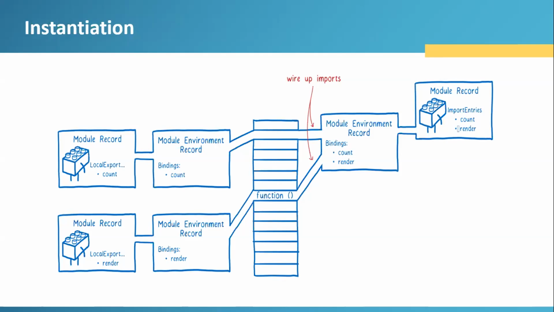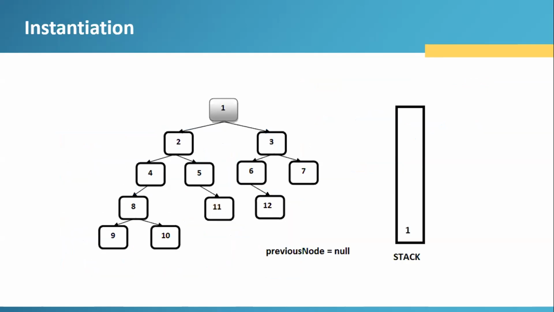These module environment records will contain all the import and export variables required for a particular module, and it will also store the particular memory location to which those import export variables are wired. Now the key thing to solve here is, in what order do we wire the import and export variables to the memory? The answer lies in this slide.